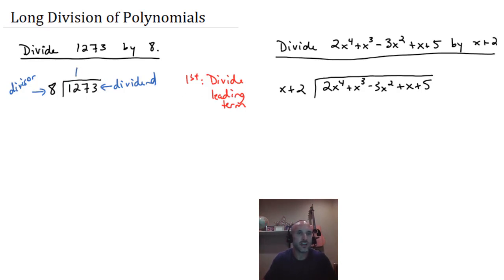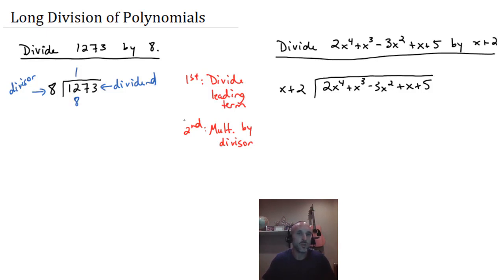And then after you do that initial division, then you multiply this 1, which is part of our quotient, right? Our quotient is the answer we get, how many times it goes in. So we multiply that answer by the divisor 8.